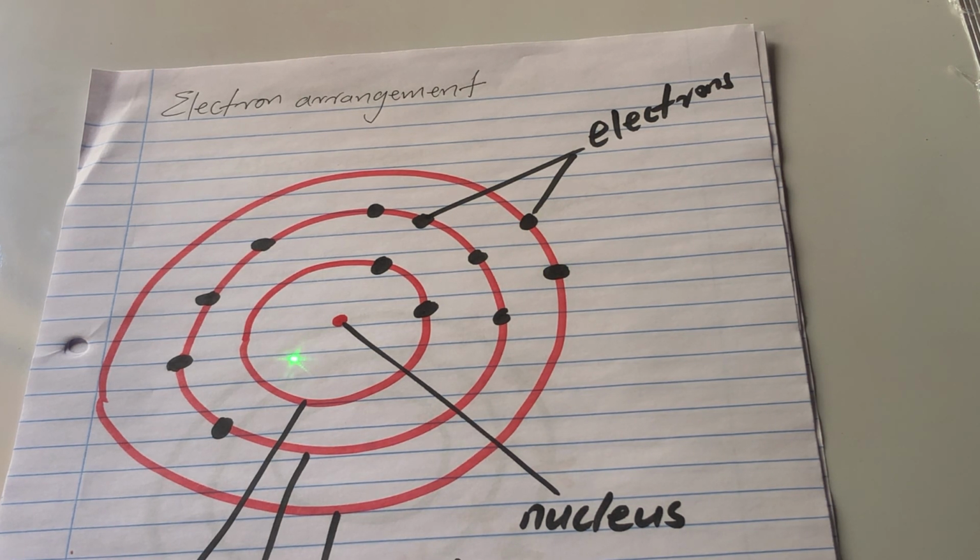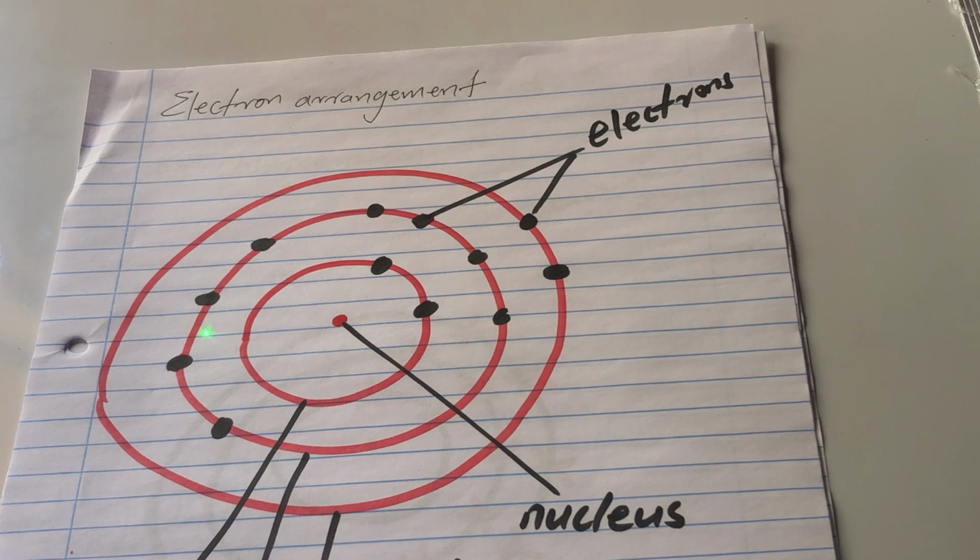So I said the first shell requires 2 electrons. It is filled by 2 electrons. If you have more than 2, you cannot put 3 here. It means that the rest will go to the next shell. This next shell requires 8. If you put 8, this shell is filled.